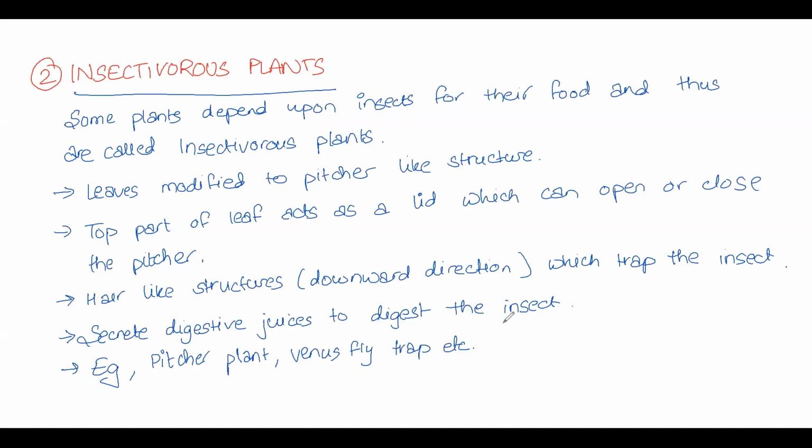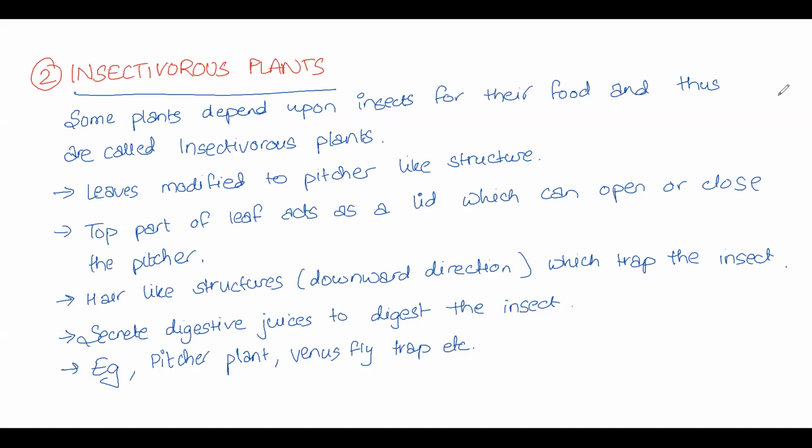So these are the two methods. Now we have discussed the heterotrophic mode of nutrition in plants. In the heterotrophic mode of nutrition, we had the parasitic plants and the insectivorous plants.